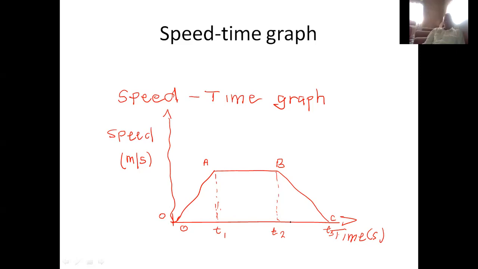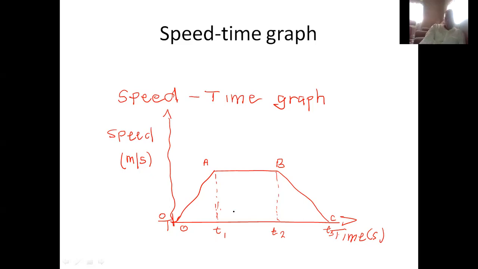We will start from 0 to A, this point here. I will call this point T with capital. From this point T up to A, what is happening to this object when it's moving?